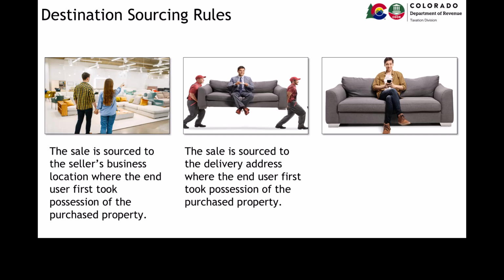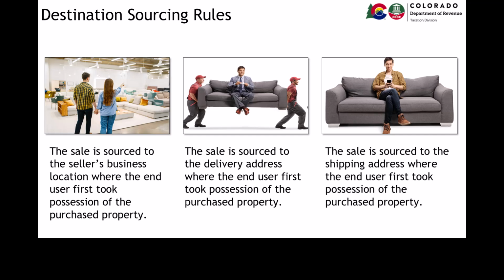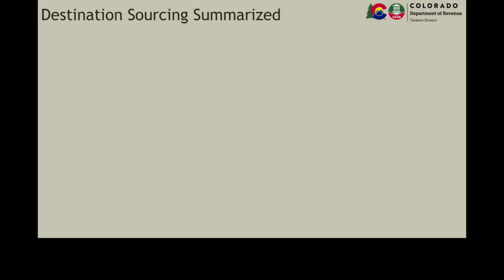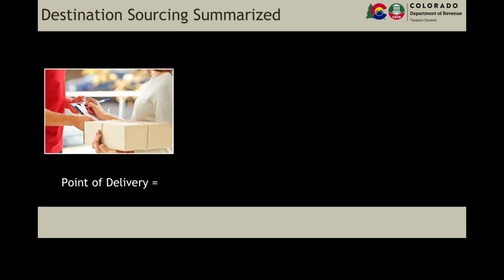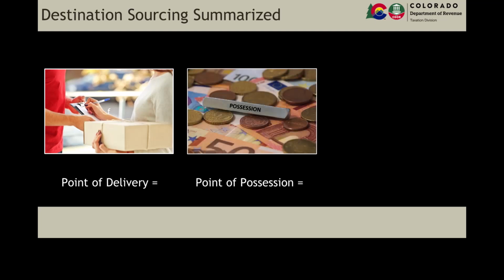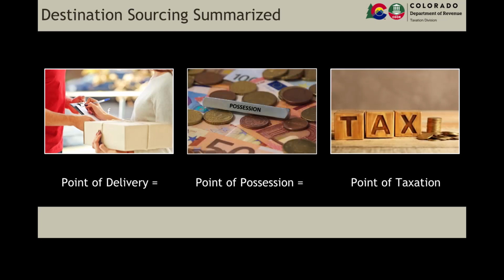If I purchase a sofa for a friend as a gift at that same furniture store, but I have it shipped to my friend's home across town, I must pay the sales tax rate that applies to my friend's home address because that is where the end user, my friend, first took possession of the sofa. A good way to remember destination sourcing is point of delivery equals point of possession equals point of taxation.